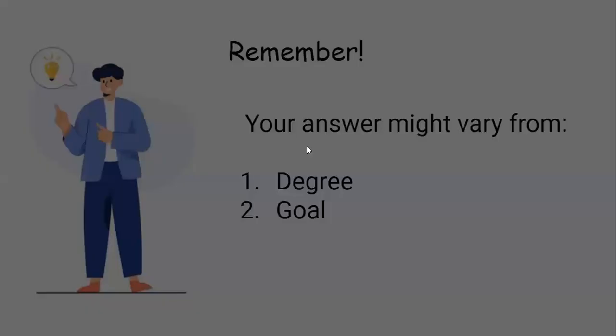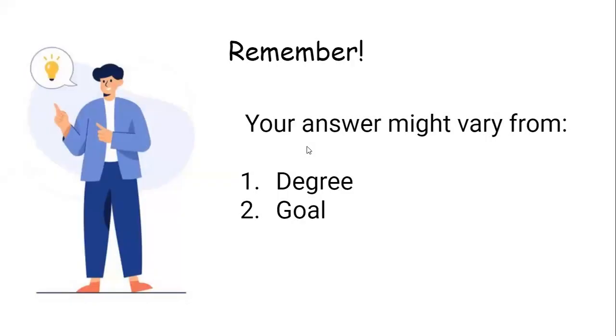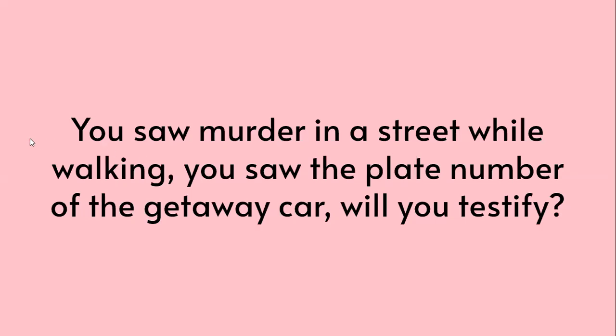So remember, your answer might vary from degree or from your goal. What do you want? What's your morality? What's the level of your morality? Okay? Because here in this question, there is an expected answer, right? But there will always be a circumstantial answer for this particular question. That's what you have to understand.